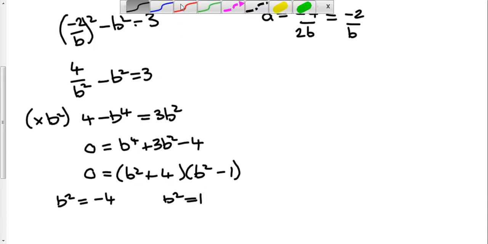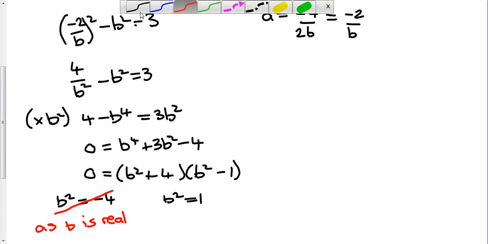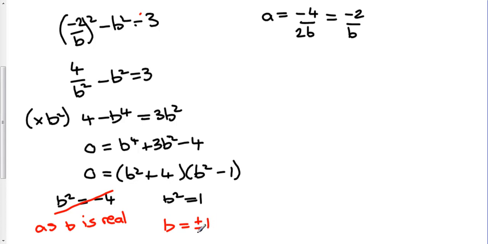Seeing as b has got to be a real number, that's not possible. So that just leaves us with one option over here, that b is going to be ±1 if we square root that.